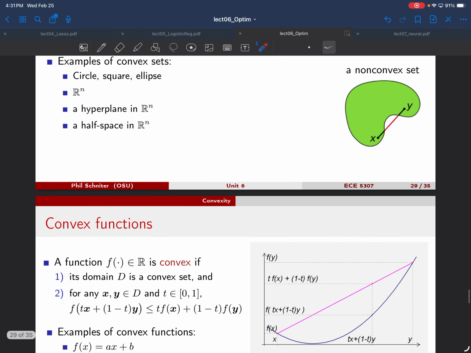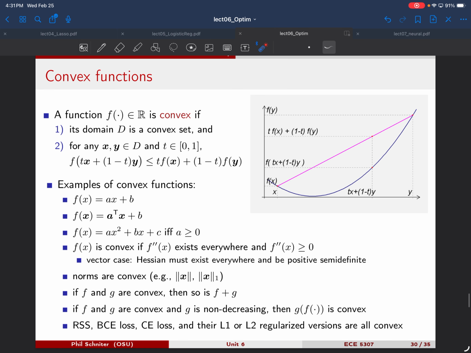Now that we know about convex sets, we can talk about convex functions. A function f is convex, number 1, if its domain is a convex set, and number 2, if for any 2 points in that domain and for any interpolation parameter t between 0 and 1, the function applied to the interpolation between x and y is less than or equal to the interpolation of the function applied to x and applied to y.